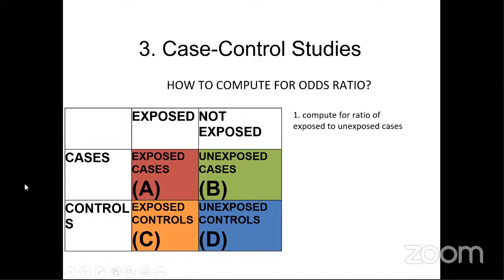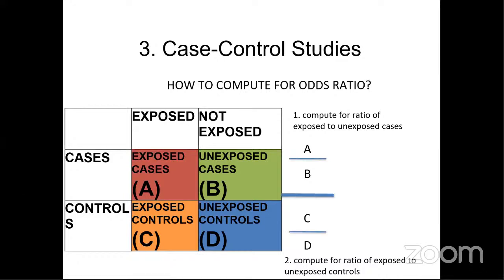So that would be A over C, and the ratio of exposed of unexposed among the controls, that would be B over D, and then you divide the two outcomes. That will give you your odds ratio. Okay, so the difference between computing for your cohort and your case control studies should be clear.